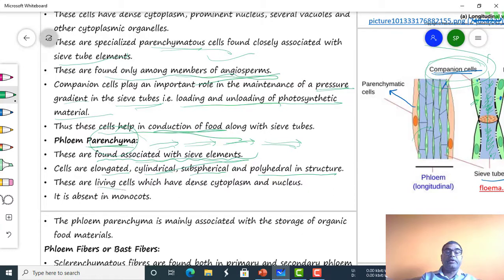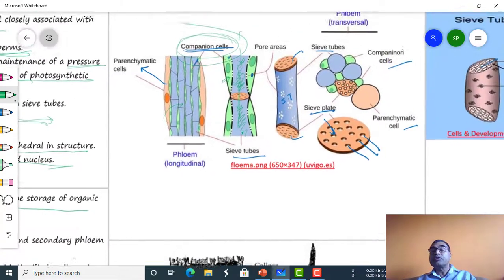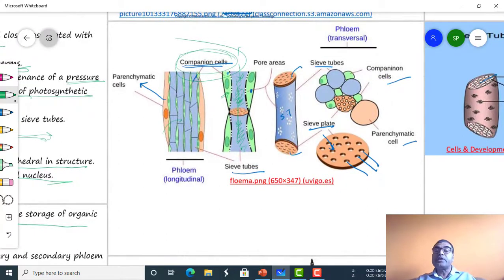These are living cells which have dense cytoplasm and a nucleus, and are absent in monocots. So, phloem parenchyma is mainly associated with the storage of the organic food material. You will see here, this one is a sieve tube, this is the area of a companion cell, and this one is a phloem parenchyma.